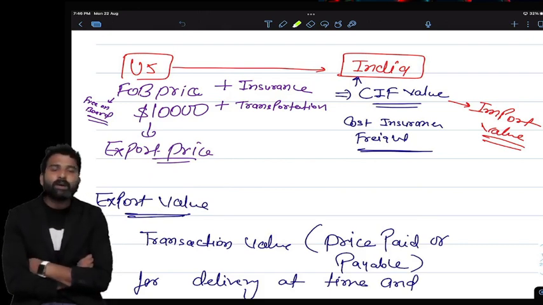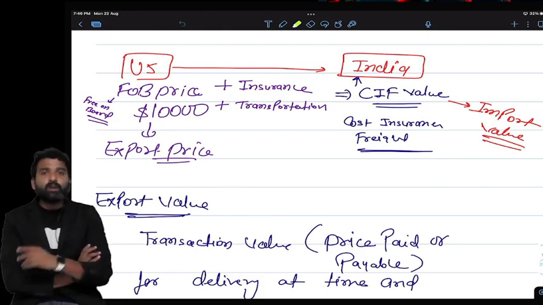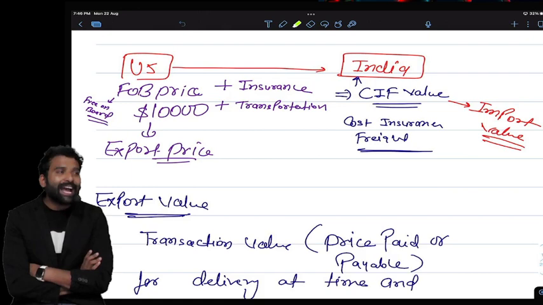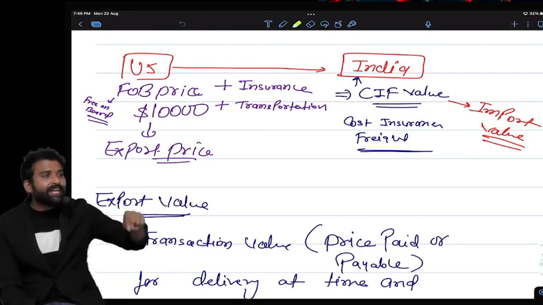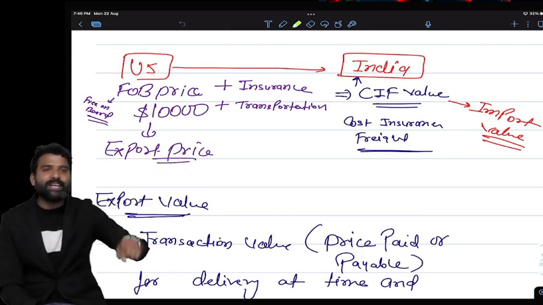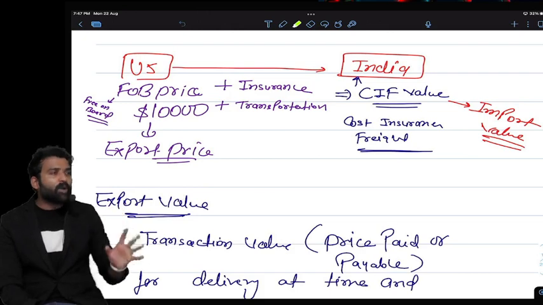So for the purpose of importation, for the purpose of paying custom duty on import, what value do we have to use? CIF. That is the value for delivery at the place of importation. So it means, what is the cost of bringing that goods to India, to the port of importation where I am importing the goods?